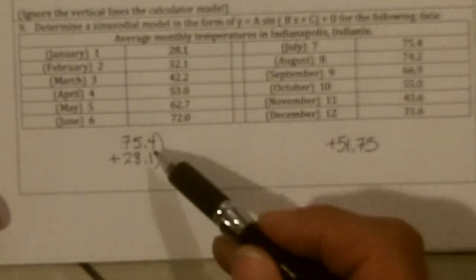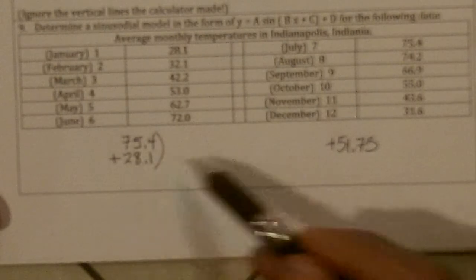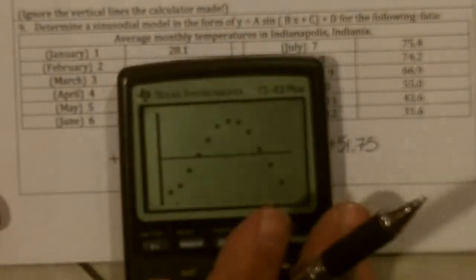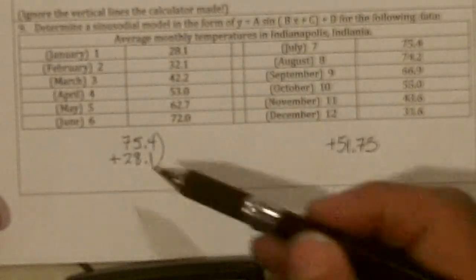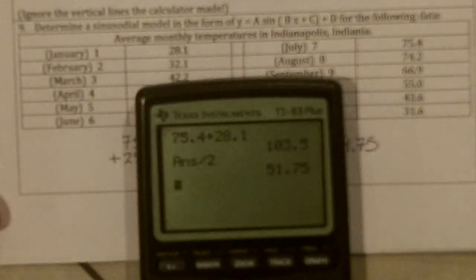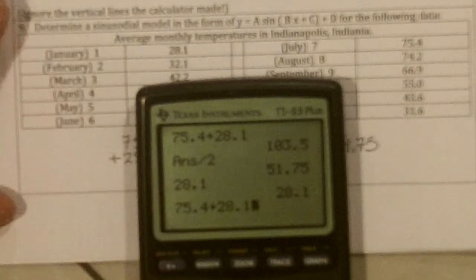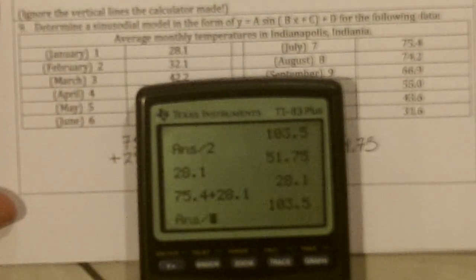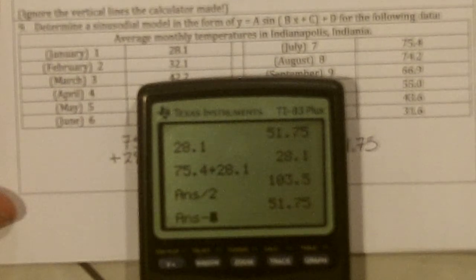Now my amplitude is how far from the center line to the top, or how far from the bottom to the center line. So I have 51.75, I'll subtract the 28.1. Oops, I forgot to do subtract. Divided by 2. Subtract 28.1.